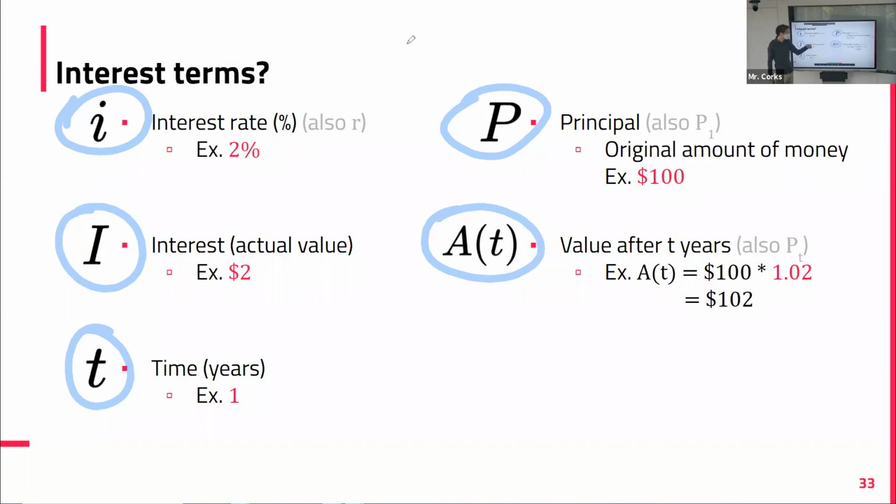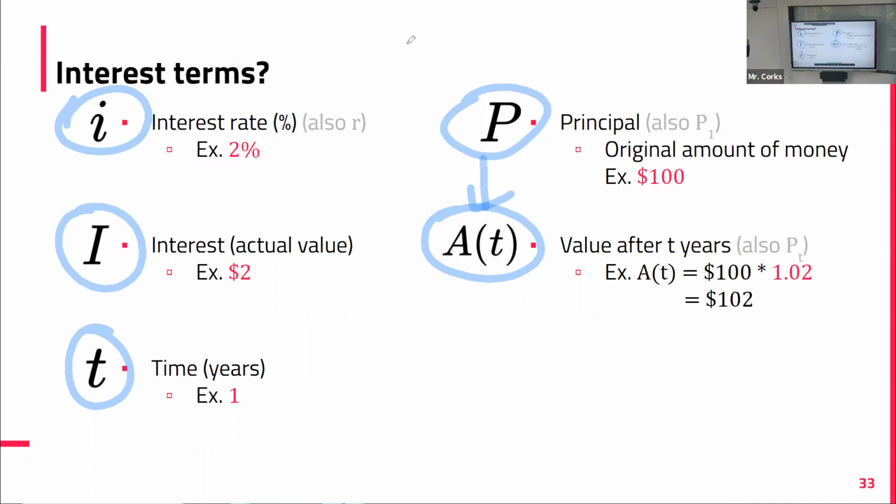I'm not sure why A, but lots of textbooks use this, maybe accumulated or something. But this is the value after t years. So the principal is your starting point, and then it grows to this final result. Your principal plus some amount of interest gives you that value, after 1 year, or after 5 years, or whatever.